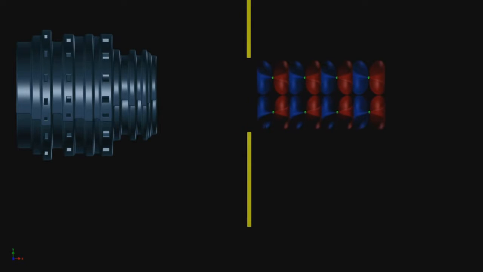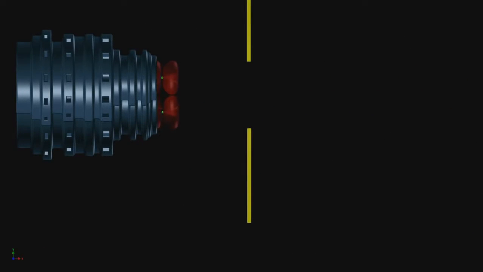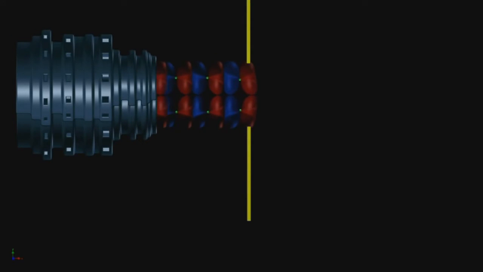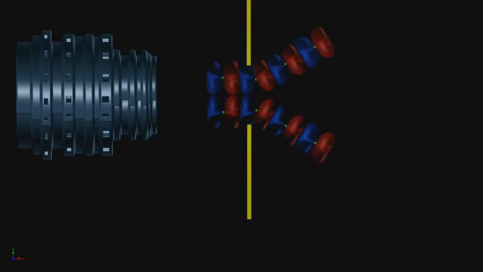Here we see our photon gun again, but this time our photon gun has been modified to emit two rows of photons with their fields at the same time. A single slit gives us a fan-shaped pattern of photons and their fields.